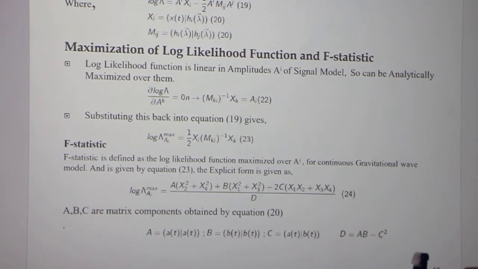And one more thing, looking at this form, the F statistic is statistical. The name also shows that it is basically a random variable, a multivariate random variable. So what we are going to do is estimate the probability distribution of the F statistic to gain insight into how we can analyze our result.